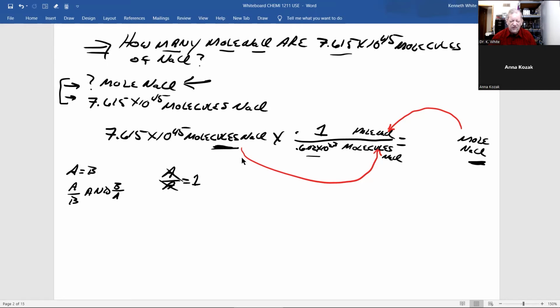So I have molecules of sodium chloride divided by molecules of sodium chloride. That cancels out. I'm left with moles of sodium chloride. And now I can pick up my calculator. Make sure you practice with your calculator scientific notation.